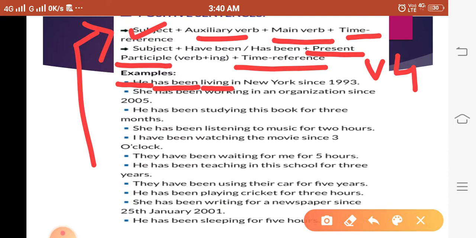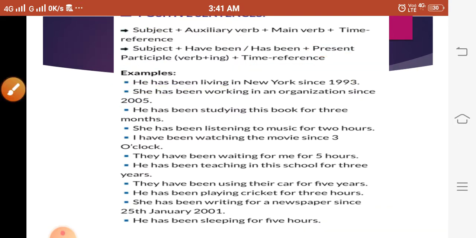Now next sentence: she has been working in an organization since 2005. Our subject is she, which is singular, that is why has been is used here. Working is the fourth form of the verb, and since has been used because the exact year is given, which is 2005. Clear? Now see the third example.